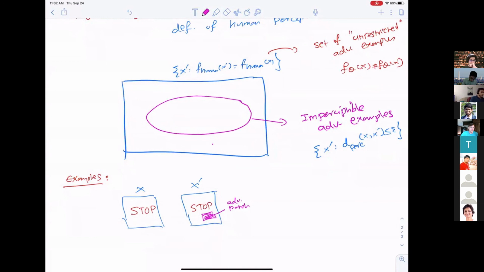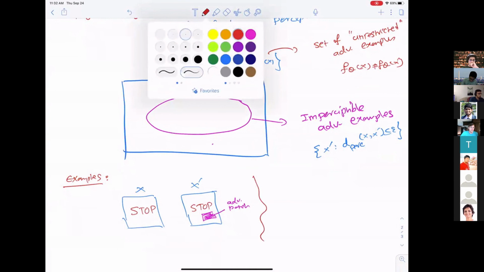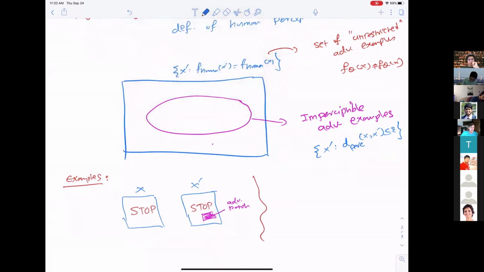Contrast that with the example that we started the lecture with, where we had a cat. I'm really getting good at drawing cats. And then your X prime is basically the same cat with very, very small imperceptible changes, maybe a small amount of changes that we are making.